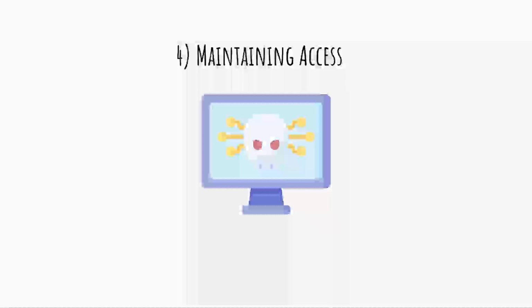However, maintaining access is also an important step and it is commonly done by installing backdoors and planting rootkits. Backdoors and rootkits are simply programs that will allow us to gain access to that target whenever we want, without the need to exploit it again. We just connect to the backdoor that we planted in the target system, and there it is. We're again on their machine.